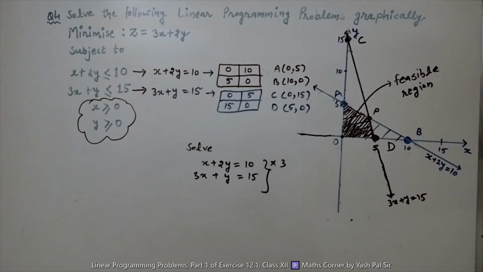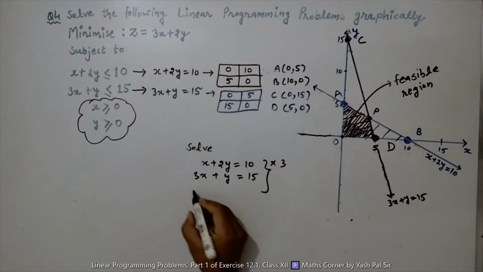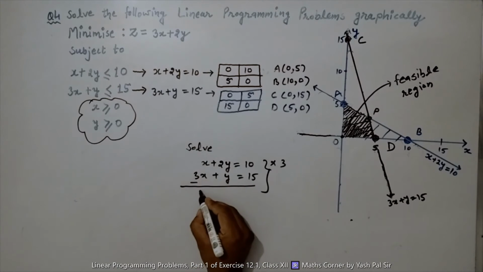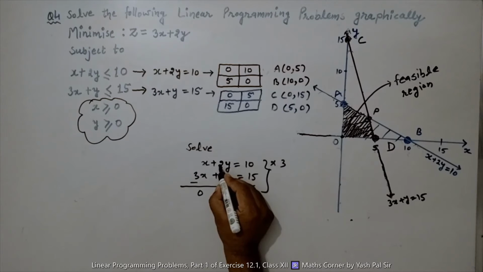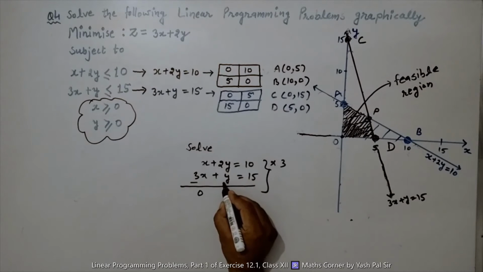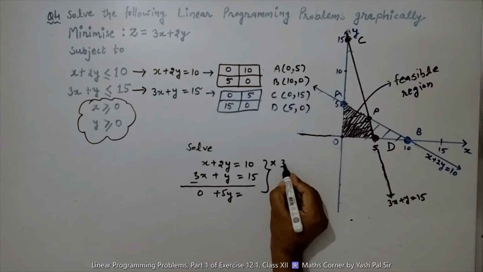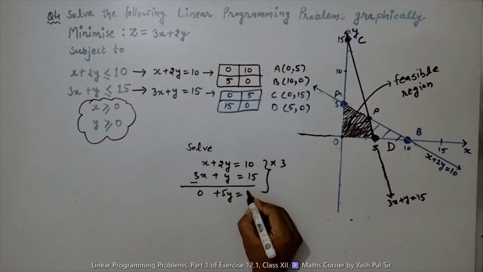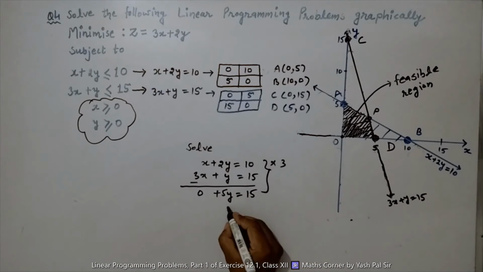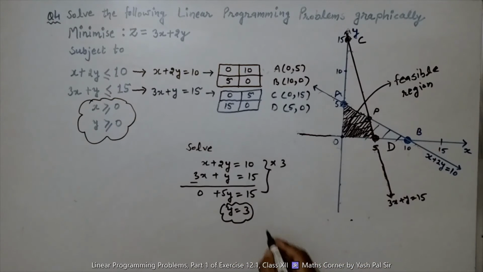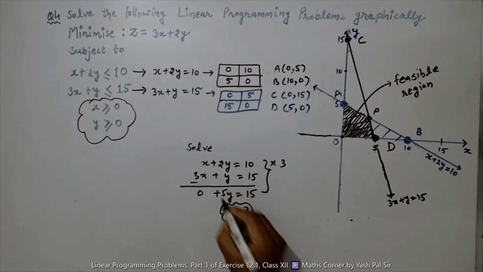What do we do? We multiply the first equation by 3, then subtract. So this becomes 3x minus 3x, 0. 3 into 2, 6y minus y, 5y is equal to 10 into 3, 30, minus 15, 15. So y is equal to 3.